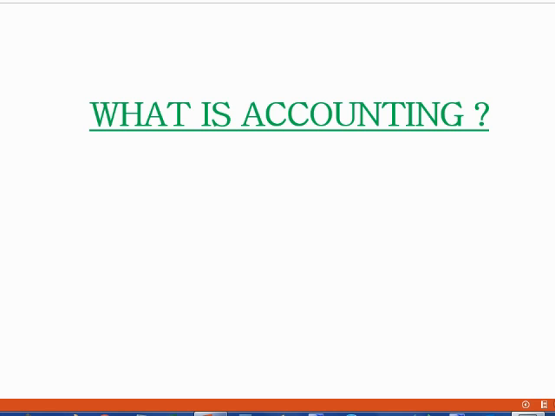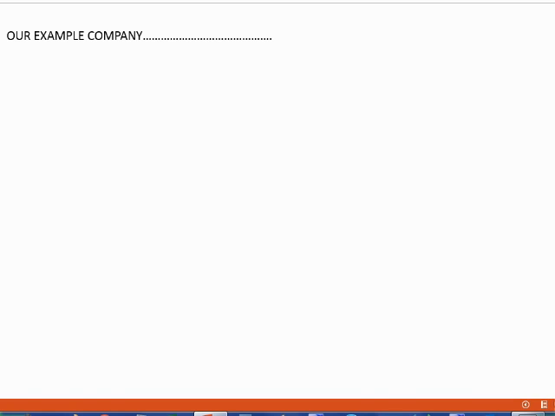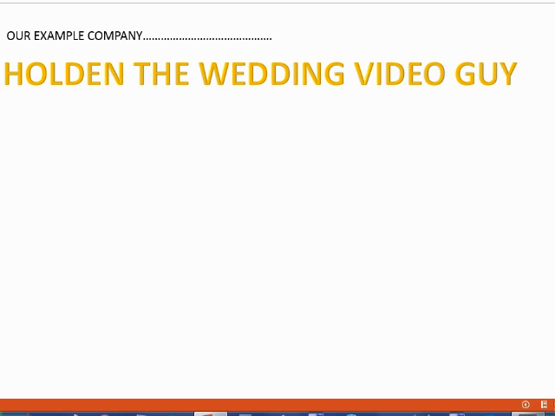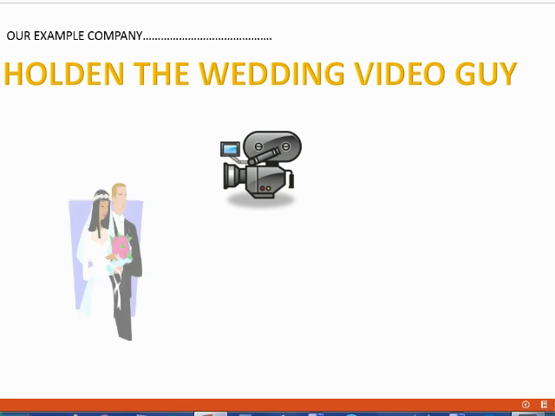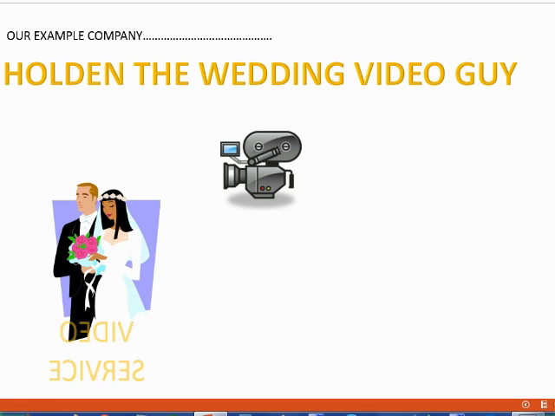Well, to answer that question, I'm going to tell you a little story about my good friend Holden, the wedding video guy. Holden is a wedding videographer, and Holden offers two different services to his customers. Holden offers the video service, which means he can physically go to the wedding and record the wedding with his very expensive camera.